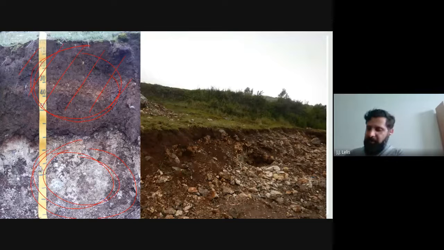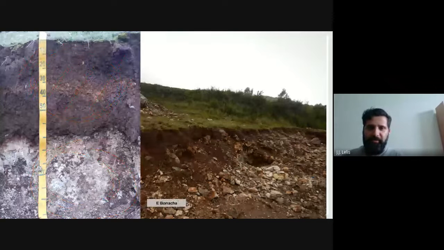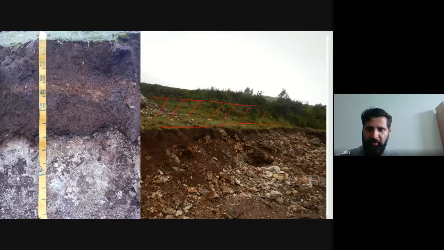So the humans create this flat surface, mixing organic and mineral materials, and here we can see a surface diagnostic horizon that was produced by man, mixing materials and creating a terrace.